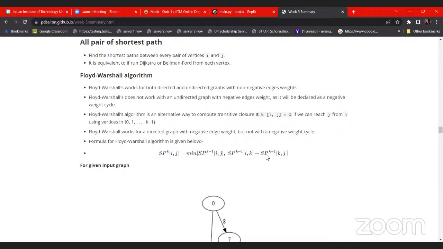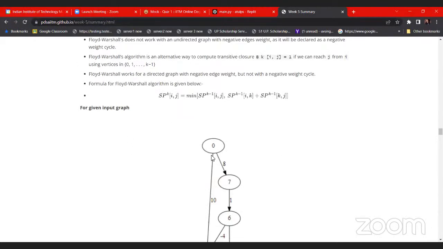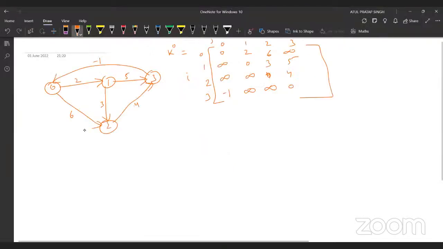This is the formula, and we will write it here. If we represent the matrix as D, K is represented here, and the K value is 0.